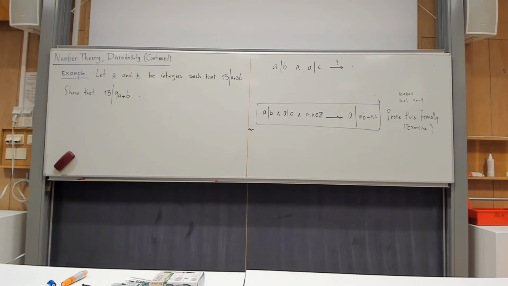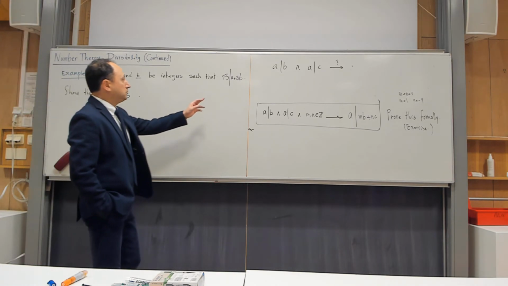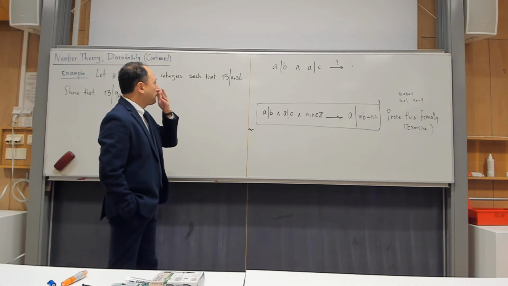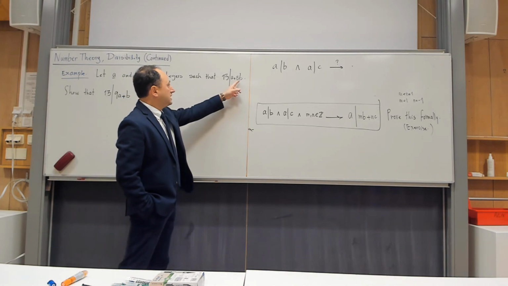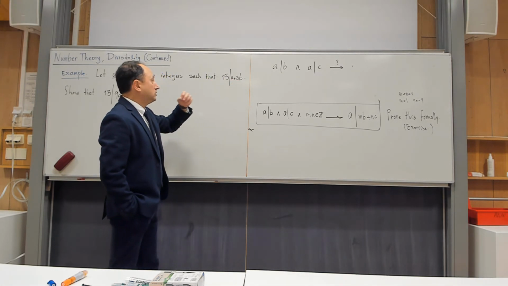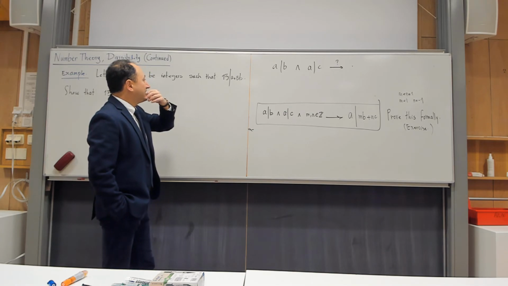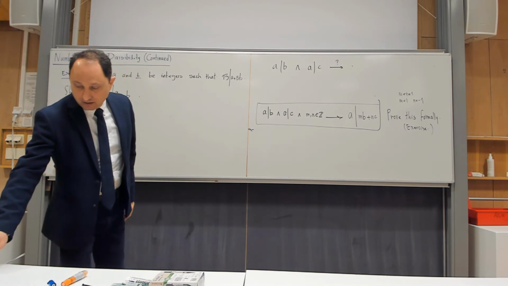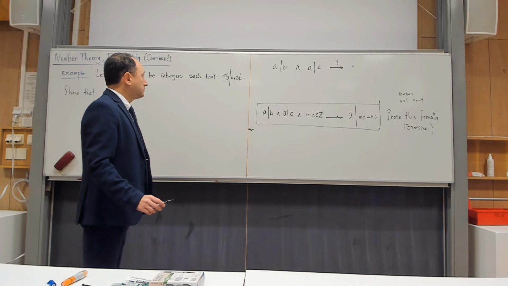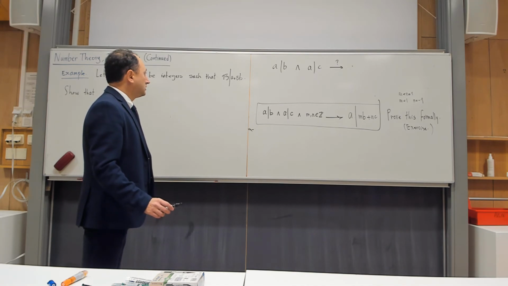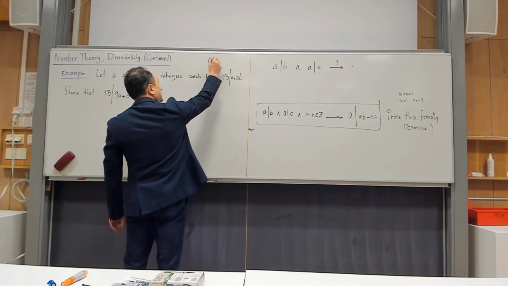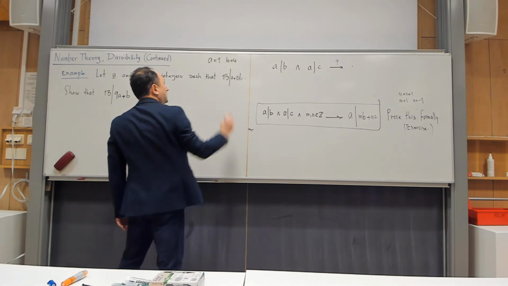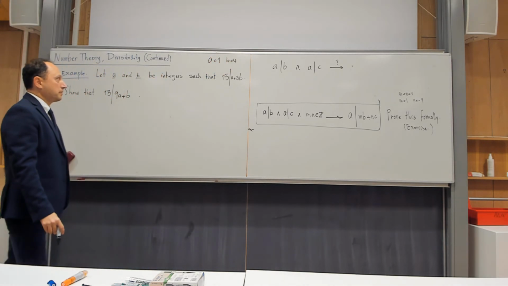So, for example, can you give an example for A and B for which this will work? Yes, A can be 1 and B can be 4. This is one of the examples.